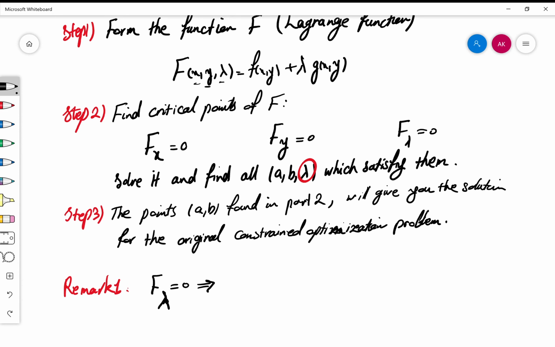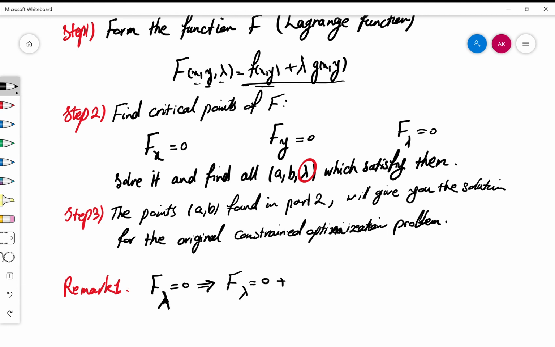The function has two pieces. The first part, f of x, y, has no lambda, so its derivative is 0. The second part is lambda times g of x, y, and g of x, y is independent of lambda, just like the derivative of 2 lambda is 2, or of 3 lambda is 3.